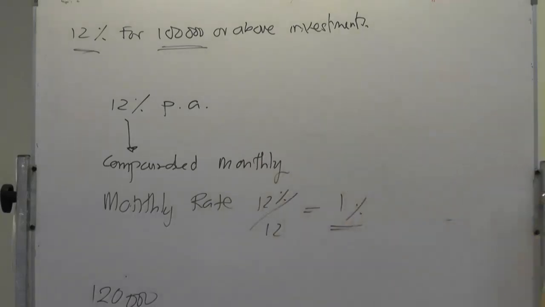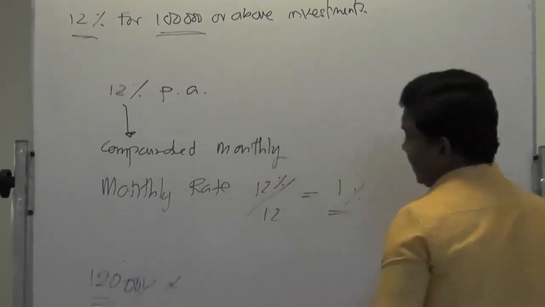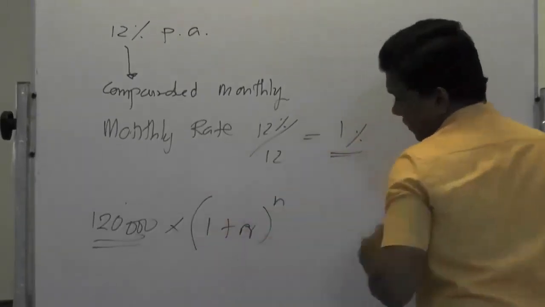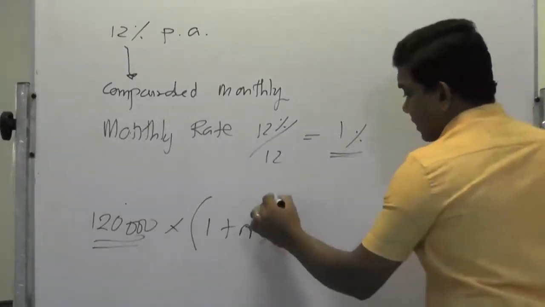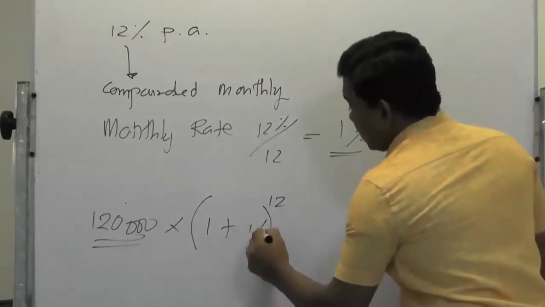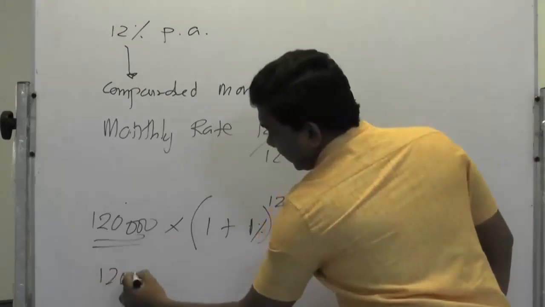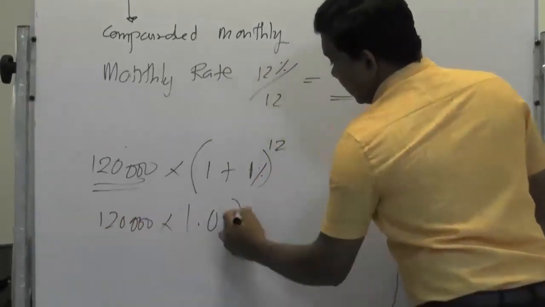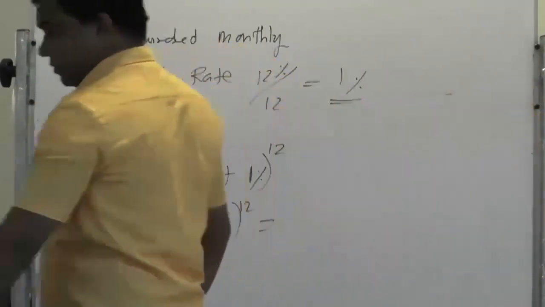If it is compounded monthly, 1 plus r power n. If you take it monthly, n will be 12 months, rate will be 1%. Therefore, you can rewrite this 120,000 into 1.01 power 12. Let us see the answer.